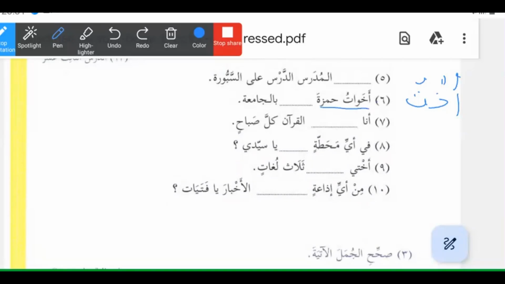This is mudaf and mudaf ilayh. It will be simply: they are studying in the jamia, in the university. So we will say for the female jama ghaib: yadrusna. أخوات حمزة يدرسن بالجامعة.